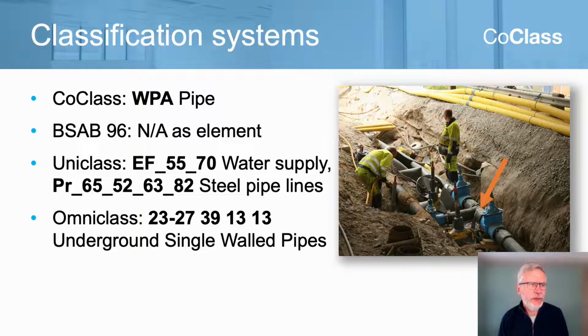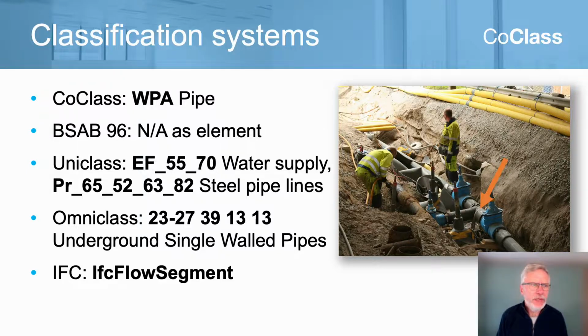The same goes for Omniclass, the American standard, which has a class for the underground single wall pipe. So very detailed on that level. You can't find the pipe as a pipe on a more generic level. And in IFC, it's very generic. It's a flow segment.